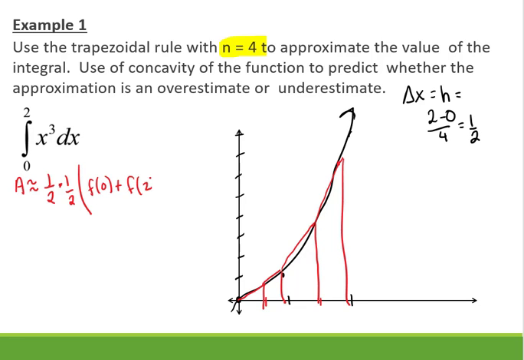Remember all of my middle ones. That's a middle one, middle base, middle base. So I have 2 times f of 1/2, f of 1, and f of 1.5.